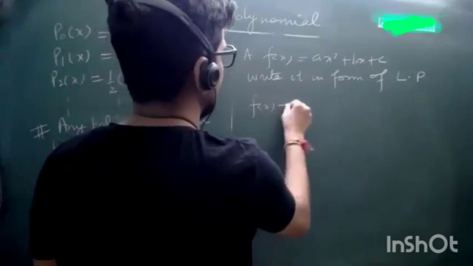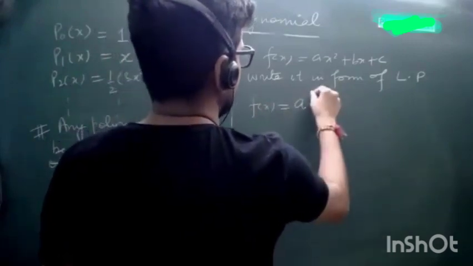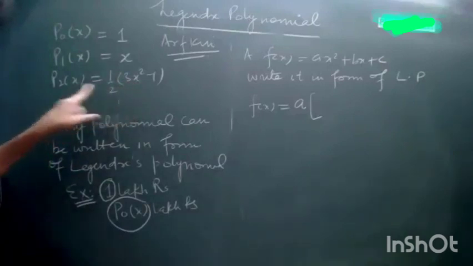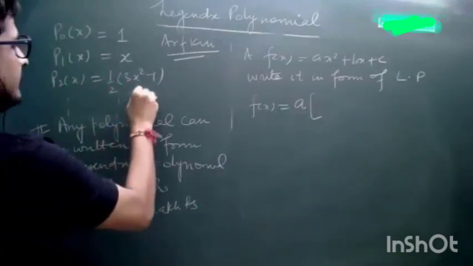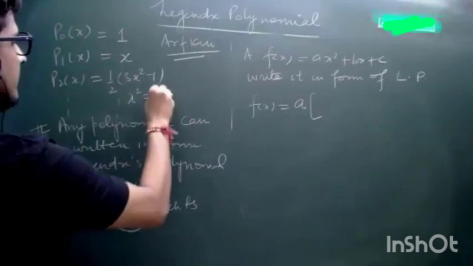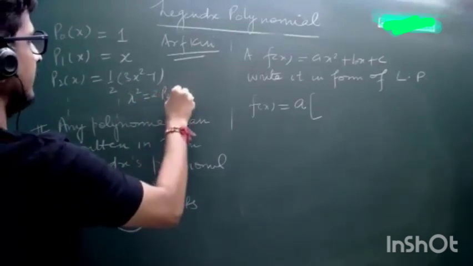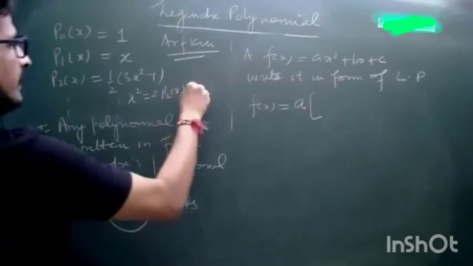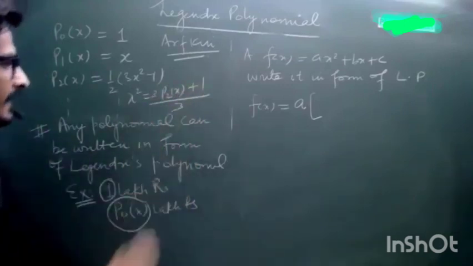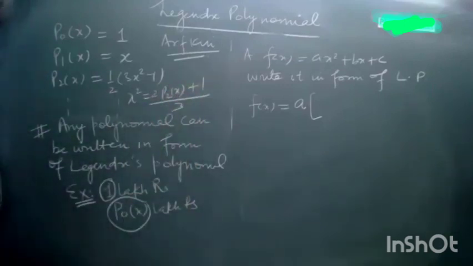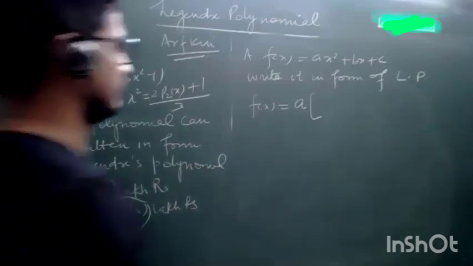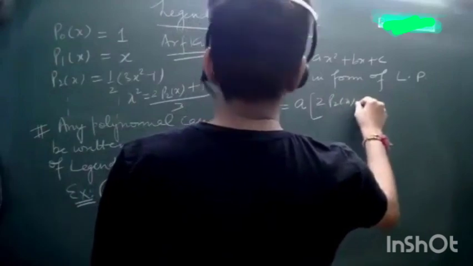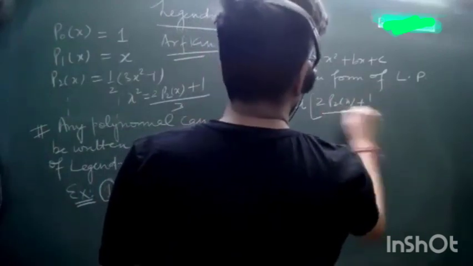f(x) is equal to a. Now take x square from here. What will you get? x square is equal to 2 by 3 P2x plus 1 by 3. Am I correct? So it will become 2 by 3 P2x plus 1 by 3.